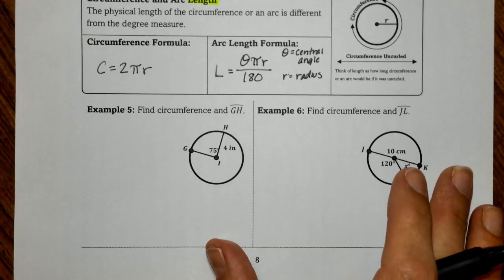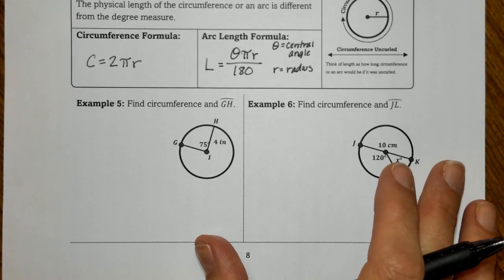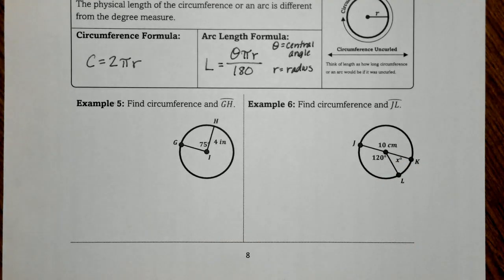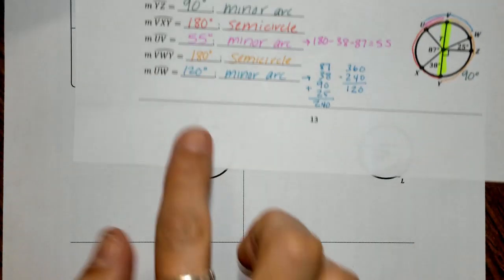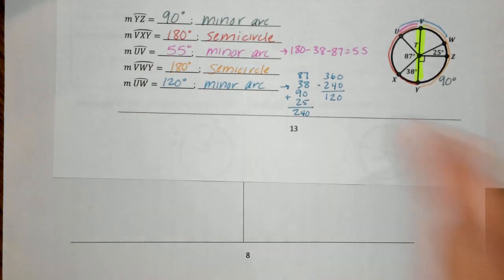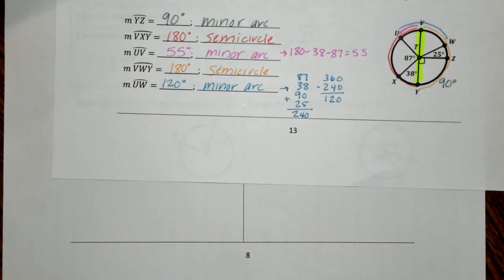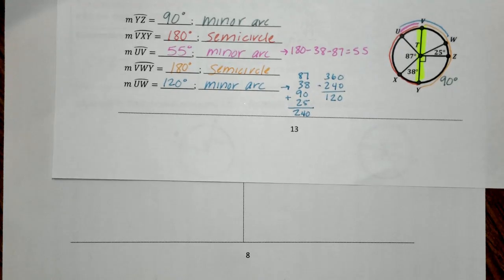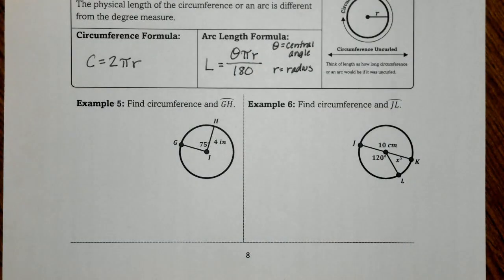Let's take a look at the first problem. Example number 5. We're going to find the circumference, and we're going to find the length of arc GH. Again, we had the little m on the previous page. Measure of an arc is going to be degrees. If we don't have the m, this is the length.